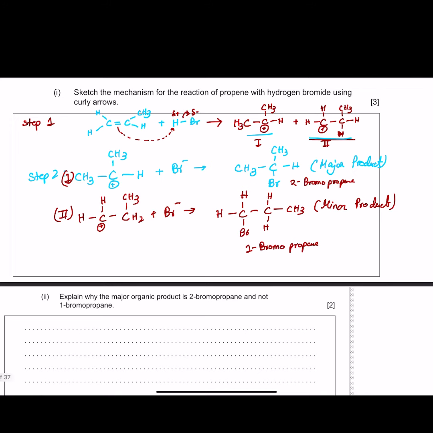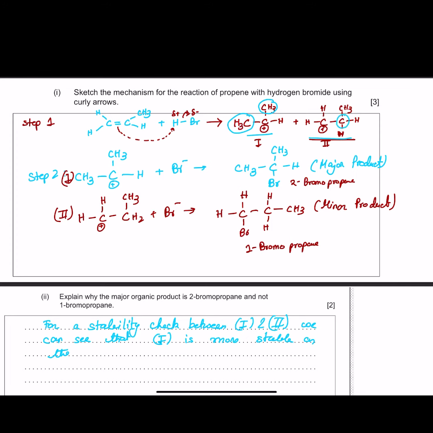So for a stability check between 1 and 2, we can see that 1 is more stable as the positive charge is surrounded by 2 methyl groups. Because here is one methyl group and here is another methyl group which is directly surrounding the positive charge.